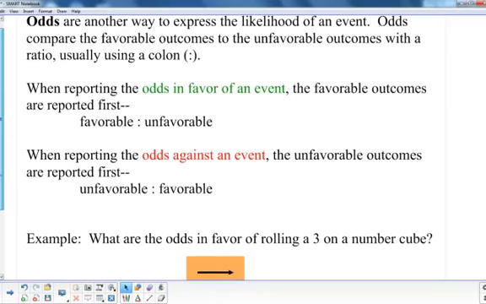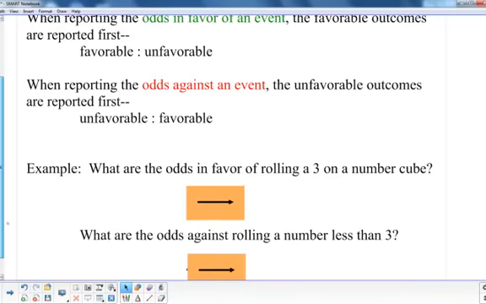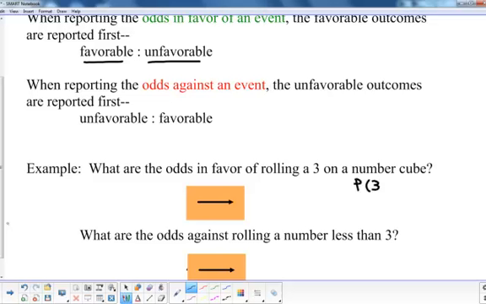Odds is a little bit different than probability, but it uses the exact same numbers. In probability, the denominator is the total. In odds, when you add up the favorable and unfavorable, that's the total. So the odds in favor of rolling a 3 on a number cube. The probability of rolling a 3 is 1 out of 6.